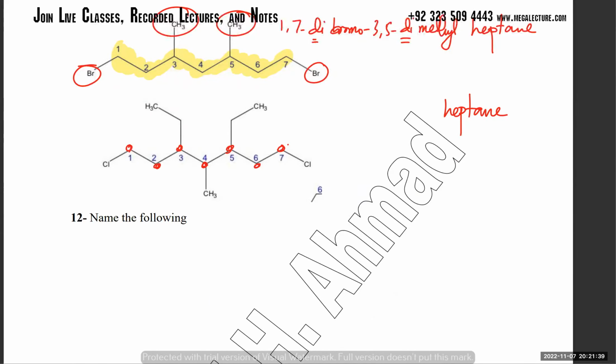So ठीक है 1, 7. 3, 5. अच्छा this is dichloro. उसके बाद और 3,4,5 ट्राई मिथाइल. नहीं मिथाइल नहीं है.